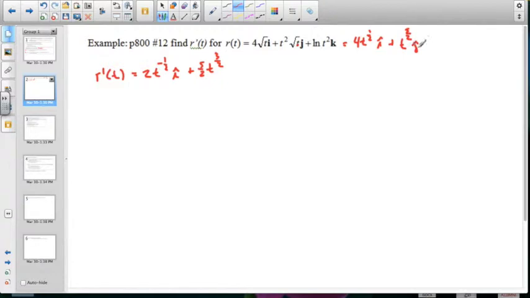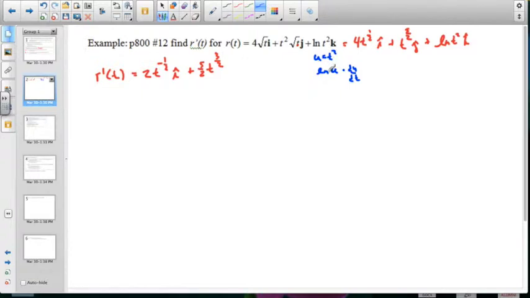And then taking the derivative of the natural log of t squared, and that's the k direction. So this is kind of a u sub. We can think of this as u is equal to t squared, so the natural log of u times du dt, chain rule.